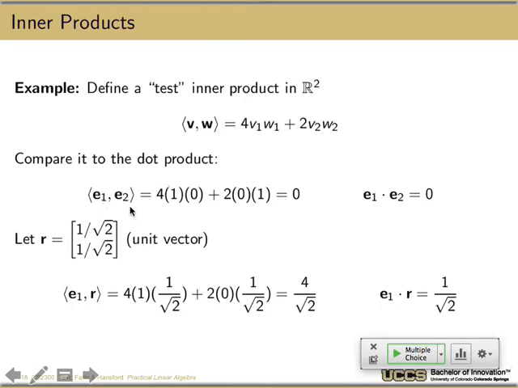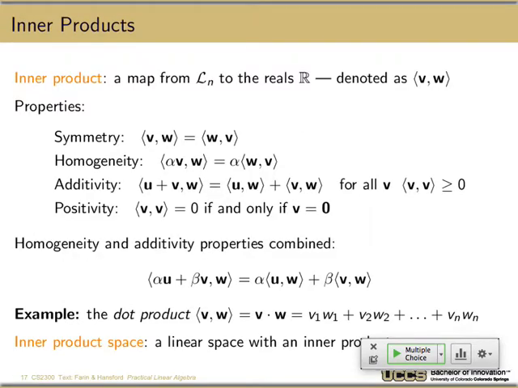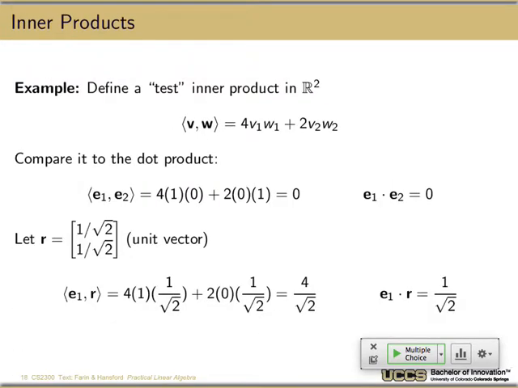If I take the inner product of E1 and E2, I get 0, right? So that inner product, when I fill them in, is 0, consistent with what we expected from those. How about the linearity, homogeneity property? Is this homogeneous?